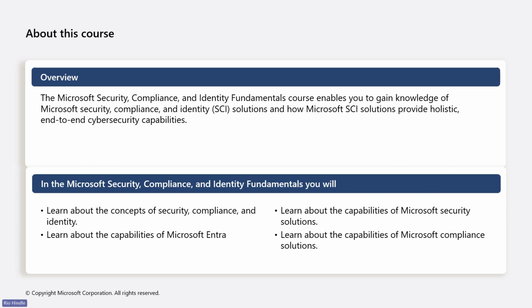There will be no case studies in this exam, the case studies that normally persist in the associate and expert-level certifications. It is pretty much just a tick box exercise, a multiple choice examination.